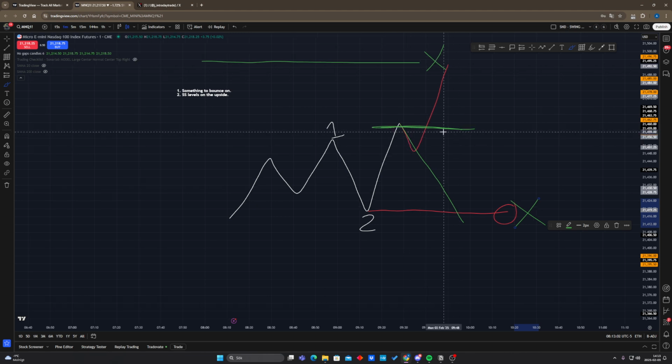Now, more advanced, that I'm teaching my friends and stuff, is that something happens in here that tells you exactly where it's heading next. But what I'm saying is that if price is in between here, you're basically sitting there like a duck being ready to get slaughtered both ways.